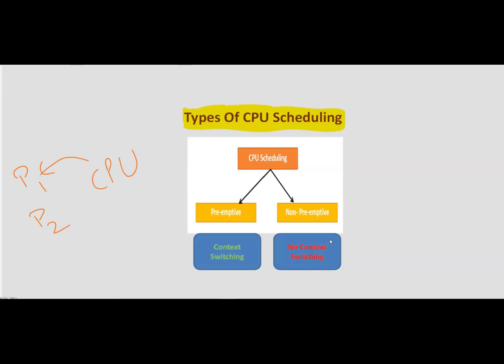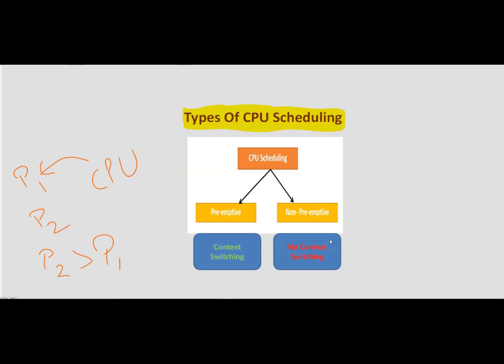But in the case of preemptive, we follow one of the attributes. It can be the least execution time or it can be the priority. Let us take the condition of priority, where P2 has a priority greater than P1.